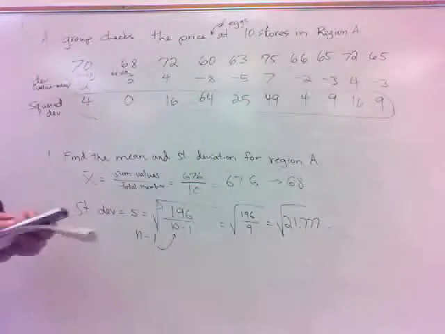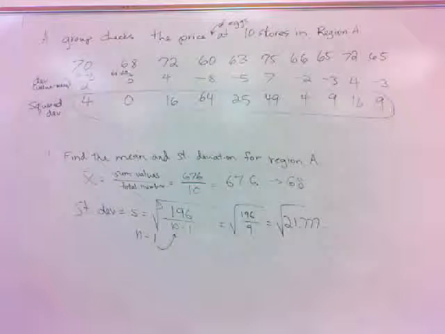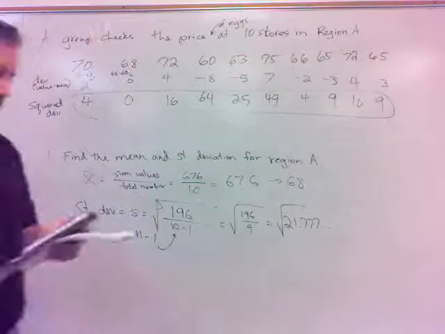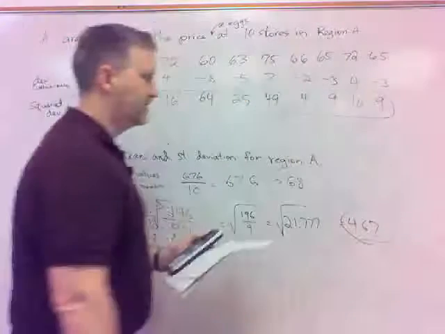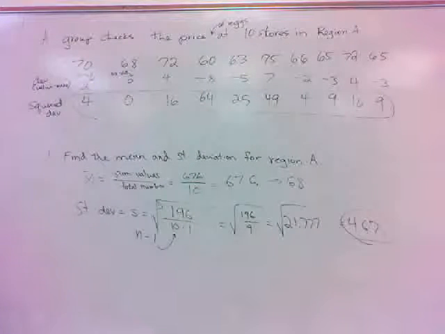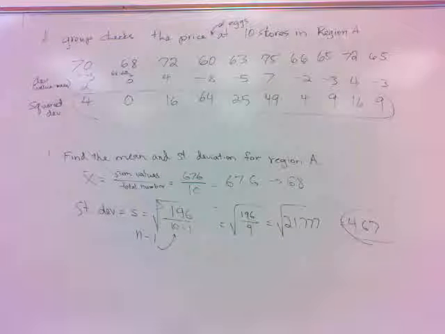And so we take the square root of that. It's about 4.67. Standard deviation, 4.67. Question or concern? Is this good? Is that okay?